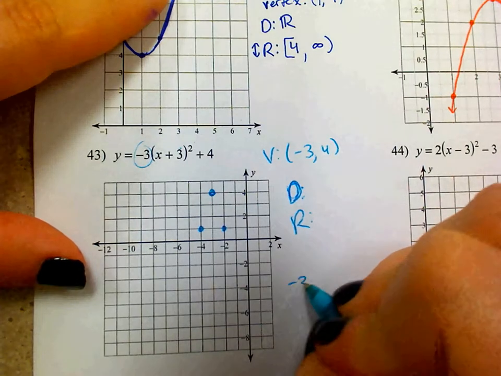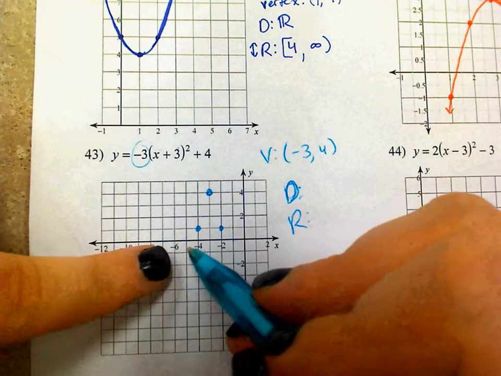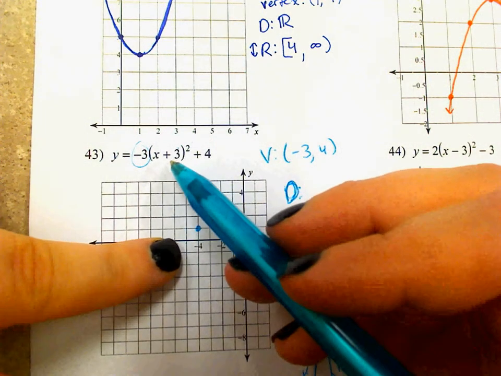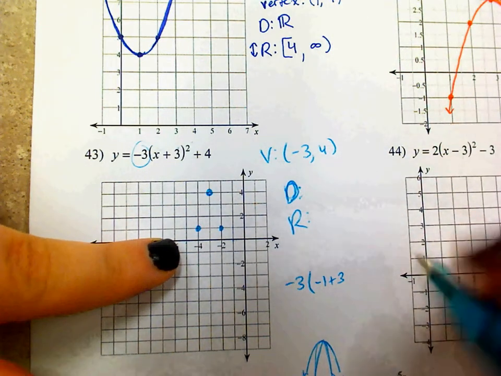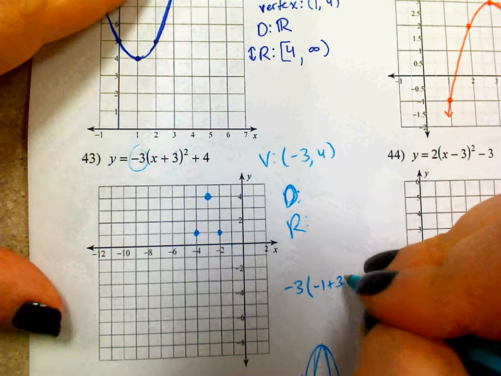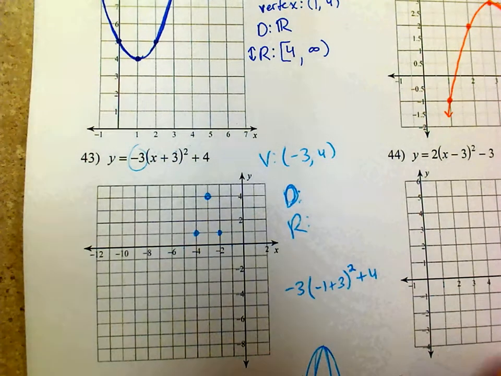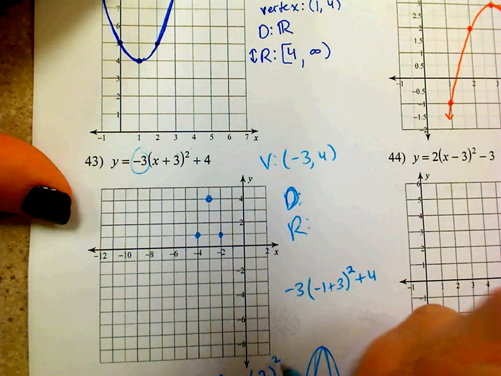You could do when x equals negative 5, but you just got to remember if you have negative 5 plus 3, it's a negative 2, but negative 2 squared is still a positive. I'll just avoid that in case you're prone to making that mistake. But a negative 2 squared is the same thing as a positive 2 squared. So negative times itself is a positive.